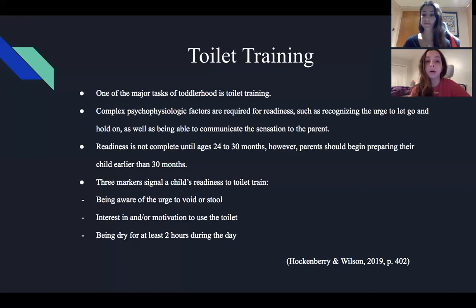And so 3 markers can signal the child's readiness to toilet train, and this can include being aware of the urge to void or stool, interest in and or motivation to use the toilet. The child will be excited to go use the bathroom, as well as being dry for at least 2 hours during the day.